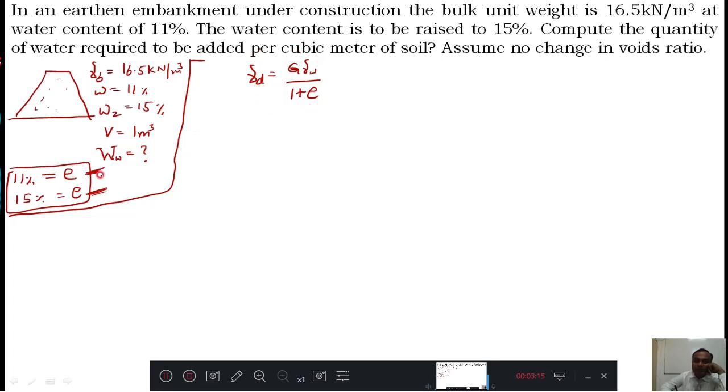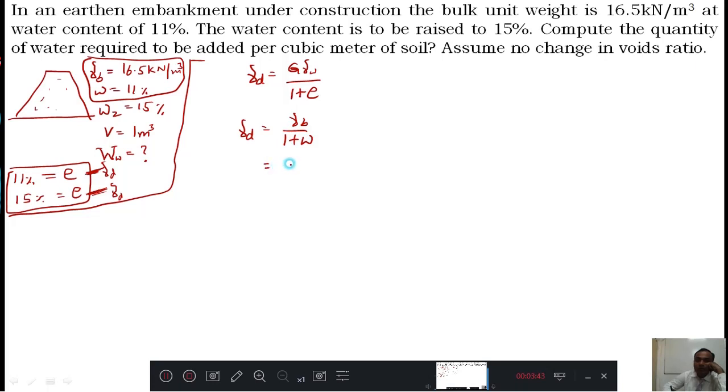From this equation I can consider that gamma D in the first condition and gamma D in the second condition are both the same. Now I will calculate gamma D using the first condition. Another formula for gamma D is gamma B divided by 1 plus w.